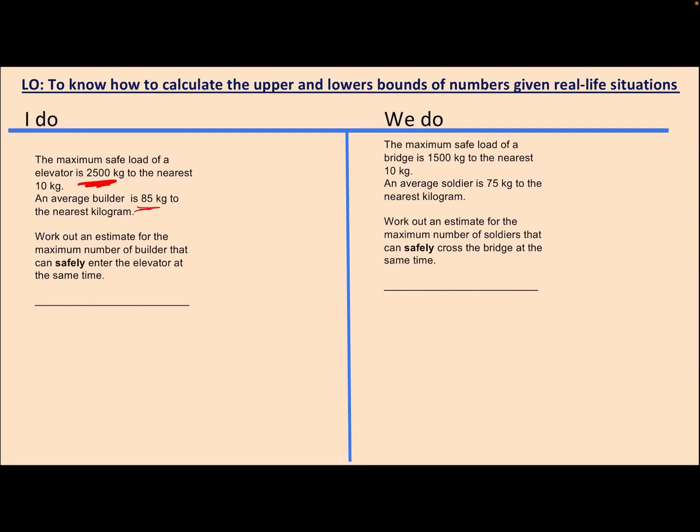So to work out the number of builders that can safely enter, it is going to be the upper bound safe load over the lower bound weight.